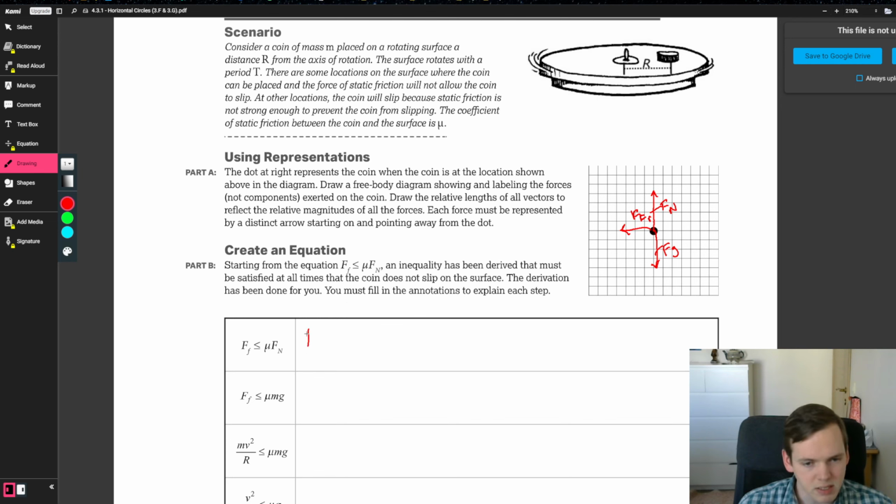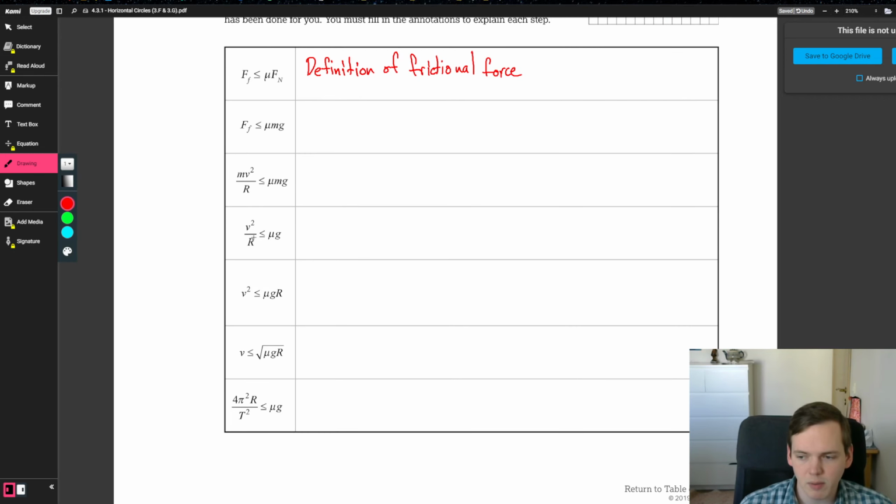Okay, so this is the definition of friction. That's pretty straightforward. Then if we come down here a bit more, Fn is equal to mg in this case. That's only in this case, it's not always, but in this case it is.